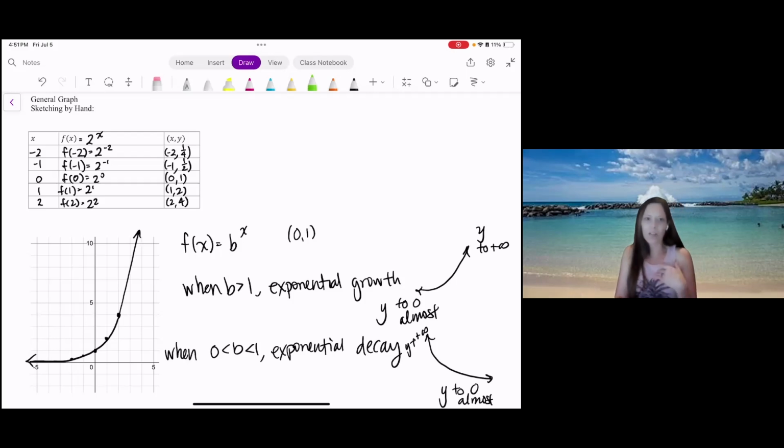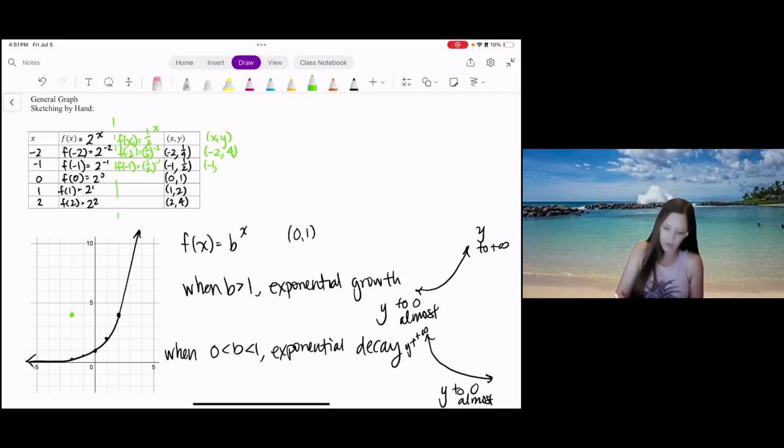Let's do this chart for 1/2 to the x. F of -2 is then 1/2 to the -2, which is the reciprocal. I then have 2 over 1 squared. So 2 squared is 4, which means I have (-2, 4). At -1, f of -1 is equal to 1/2 to the -1, reciprocal, 2 over 1 to the 1.